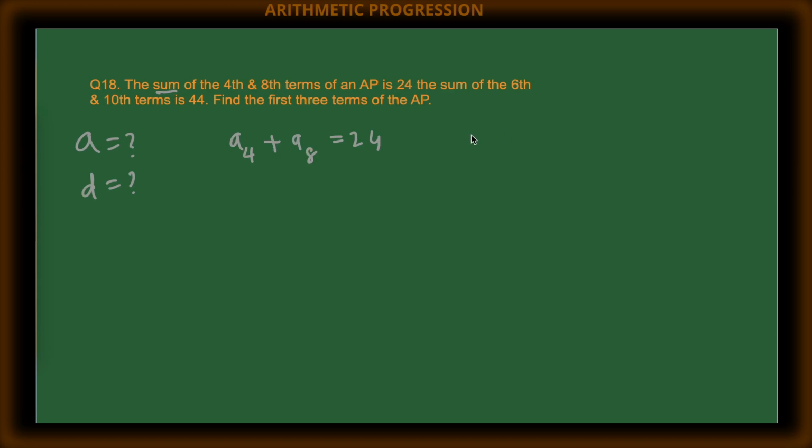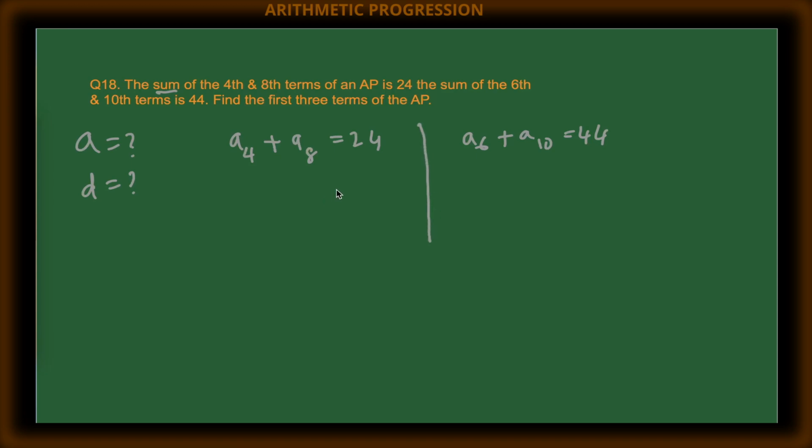So here it says that A6 plus A10 is equal to 44. So whenever the values of A, D, N are not given, there will be some equations which we need to form. How we can form that equation is by reading the question here. It says sum of the fourth and eighth term, so this is forming an equation. By solving this equation we'll be able to move forward.